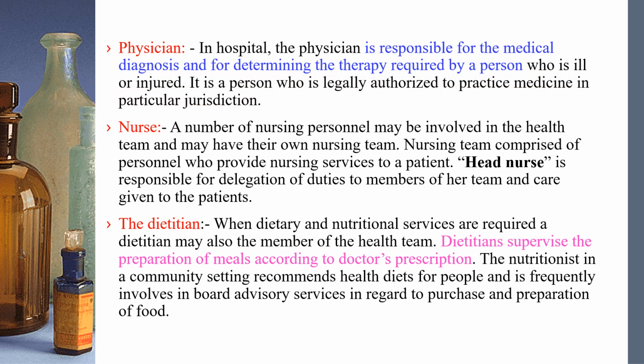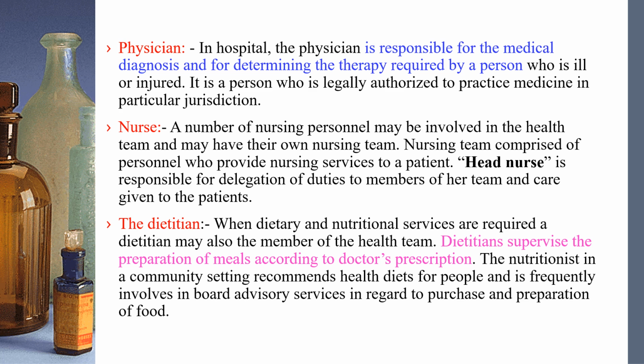So physician is someone who is responsible for diagnosing and giving a proper medication to the patient. A nurse is a personnel who is involved in the health team. Okay, now this particular nurse will be having its own team. Now there will be a head nurse who is responsible for assigning duties to other people in the group.